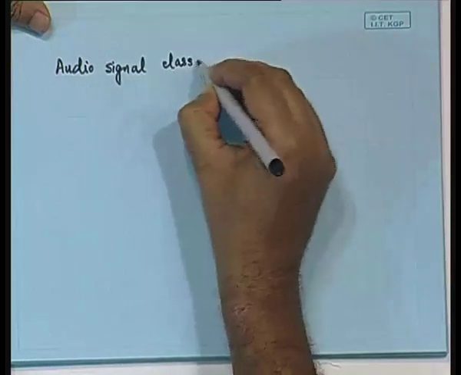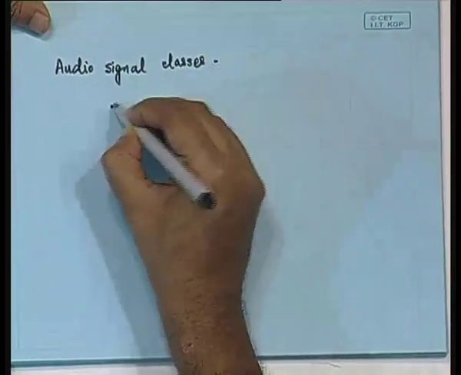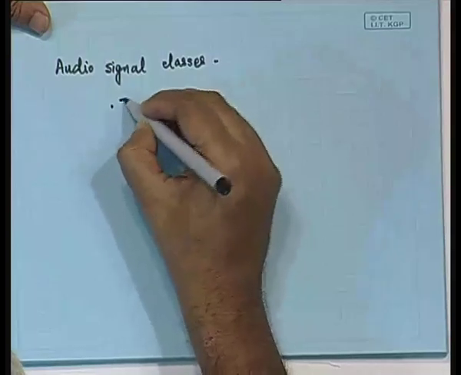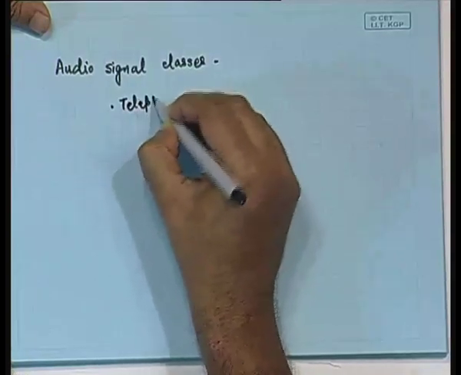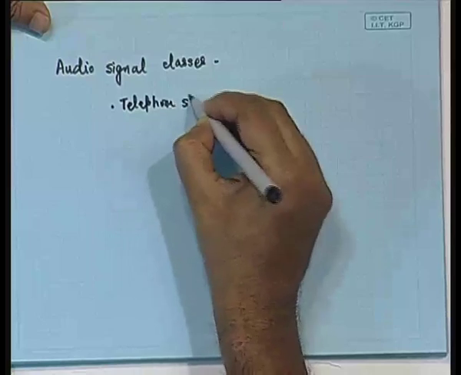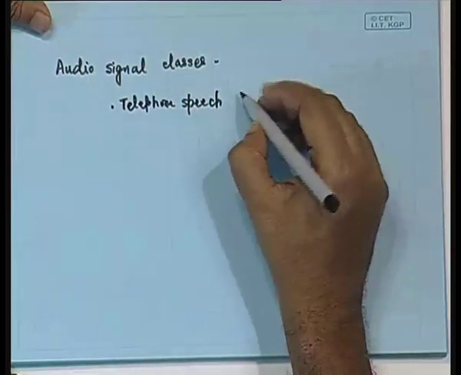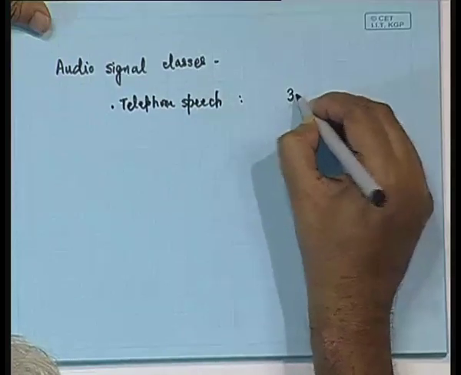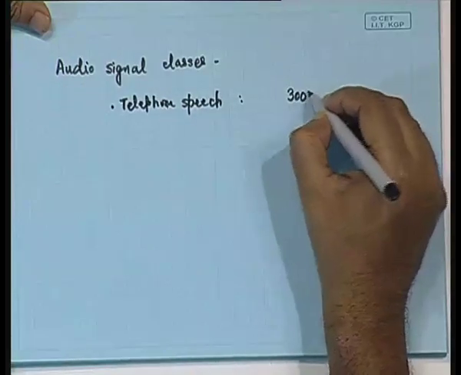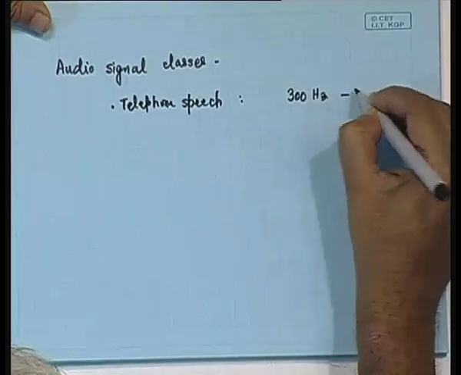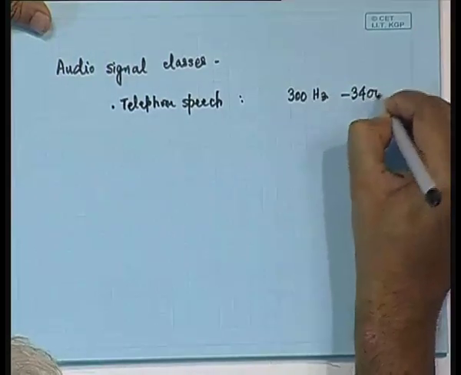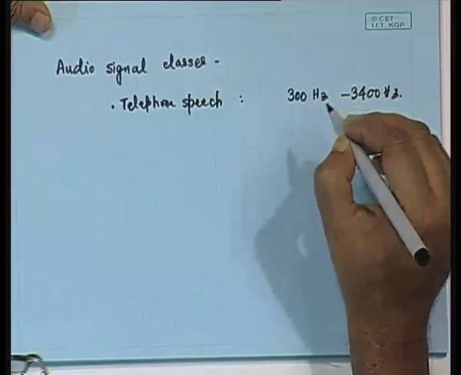The first is of course telephone speech, and as you know, because it is a speech application, it covers a frequency range of 300 hertz to 3400 hertz.